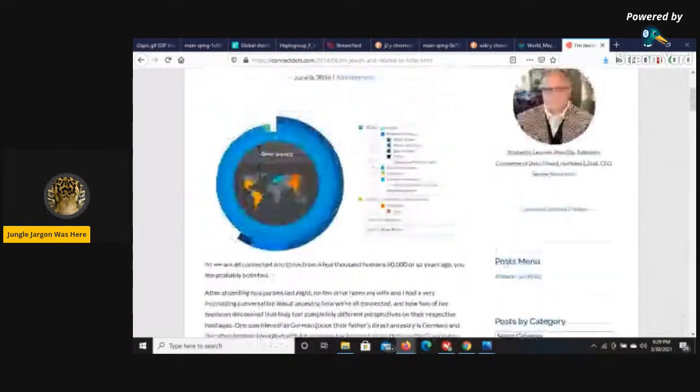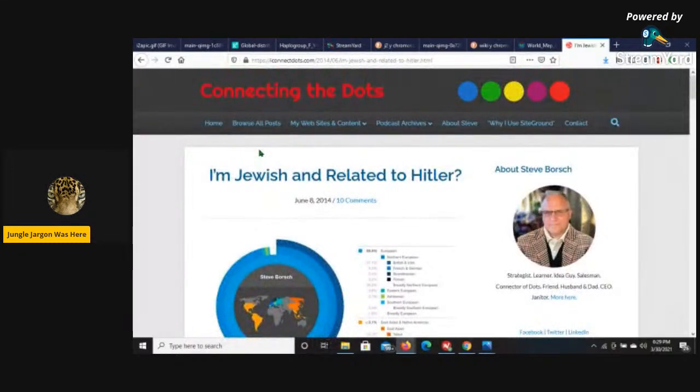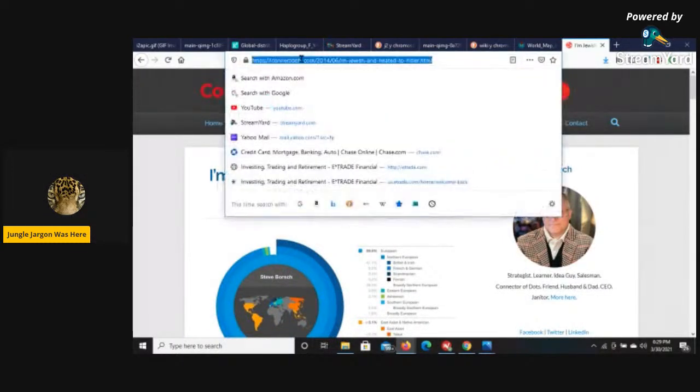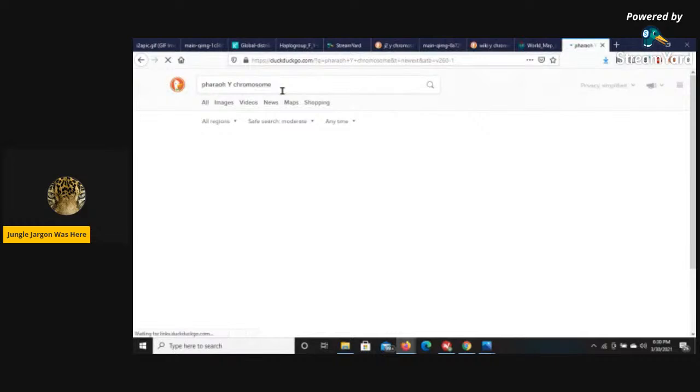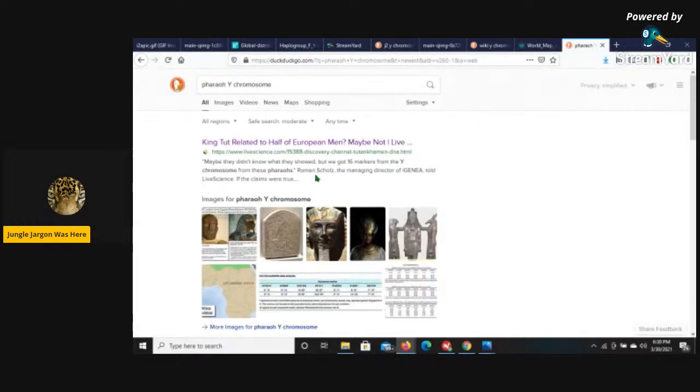We can also look up Pharaoh DNA. Pharaoh Y chromosome. There we go. Let's see. King Tut related to Europeans.